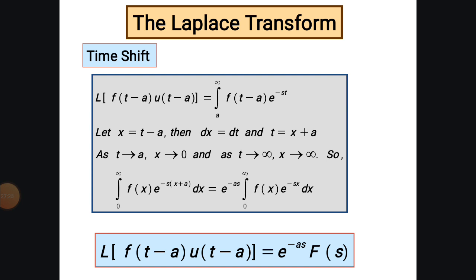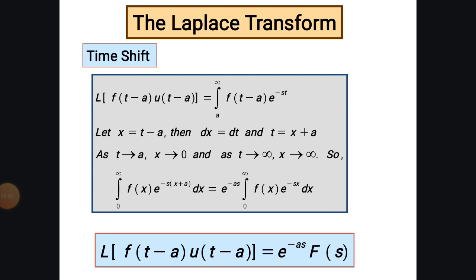Next formula is the shift formula, which is called time shift. That is, t is changed to t minus a everywhere. So Laplace of f of t minus a into u of t minus a is equal to e raised to minus as into F of s. Let x be equal to t minus a; then we have to find the integration. Substituting x equals t minus a, dx is dt and t is x plus a. As t tends to a, x tends to 0, and as t tends to infinity, x tends to infinity.